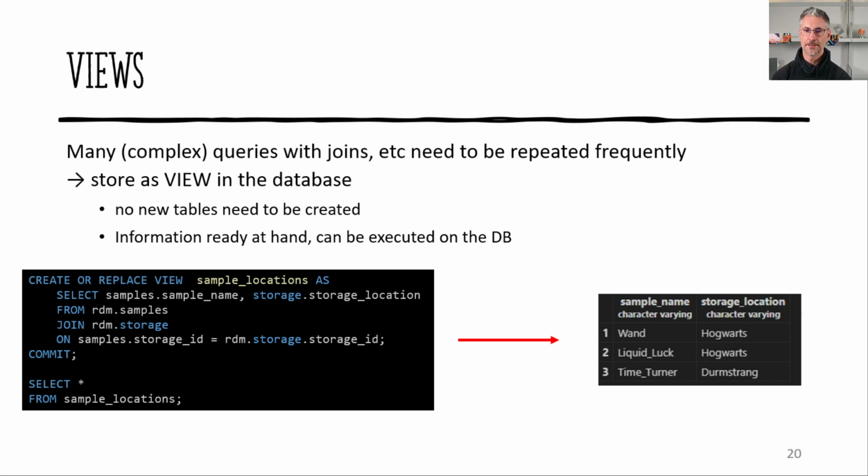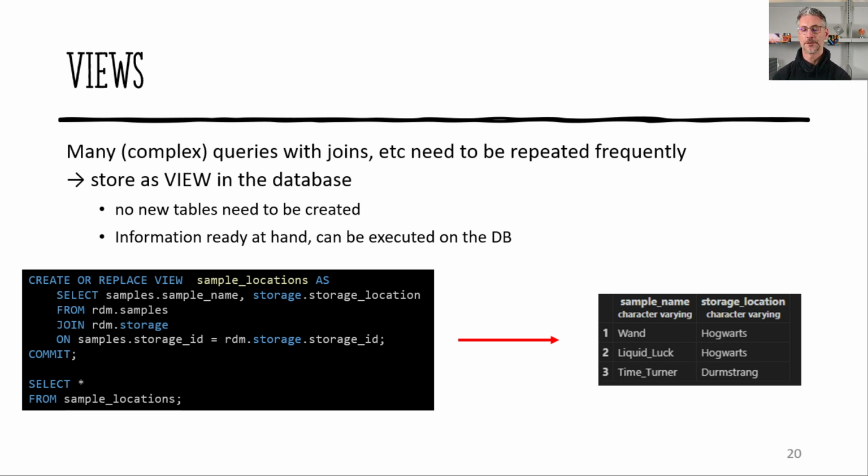There's one specialty that we should also mention, that's called views, because we have many of these complex queries with multiple joins, for example, and we need to repeat those frequently. We can either write a small script to do that for us, or we can also make use of the database engine and store these as a view. So the database doesn't create new tables for this, but it knows how to create this combined table.